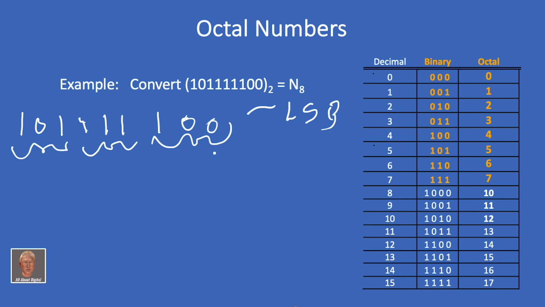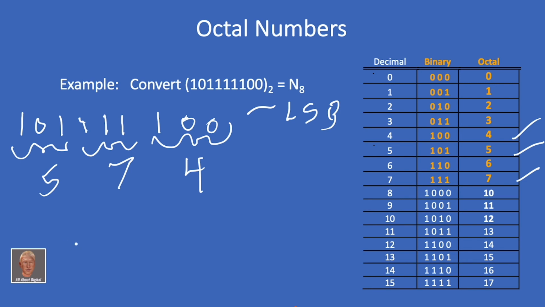So we want to start from the right-hand side. 1, 0, 0 in binary is a 4. 1, 1, 1 in binary is an octal 7. And 1, 0, 1 is an octal 5.